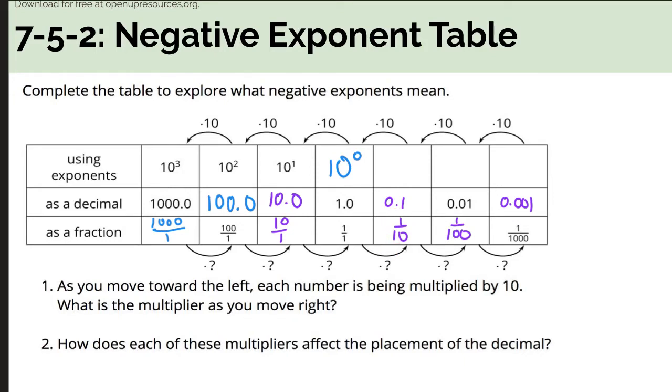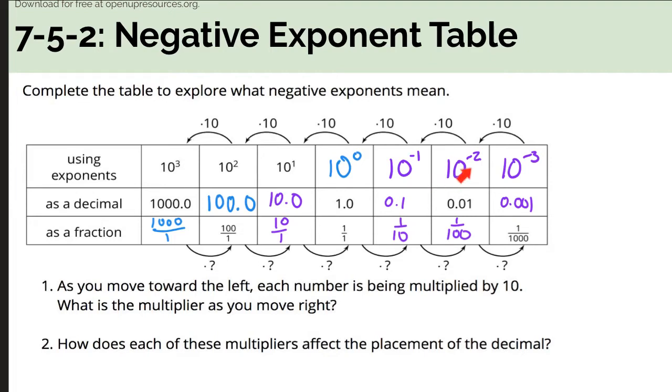And then writing it with an exponent, if we keep following our pattern, notice how the exponent is increasing by 1 each time. And so to get to 0, after increasing by 1, my exponent would need to be 10 to the -1. And if I keep going with that pattern, there would be my other 3 parts to the table.